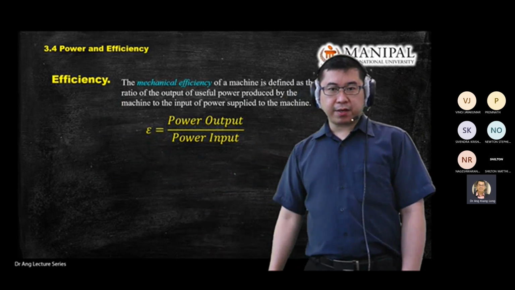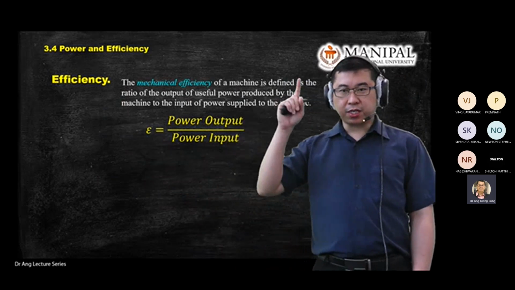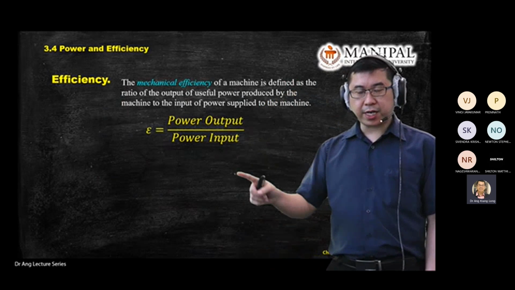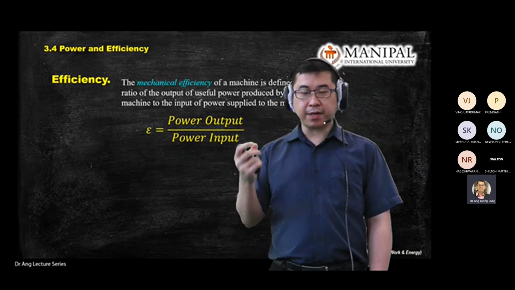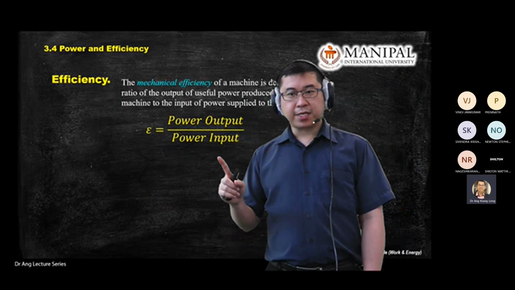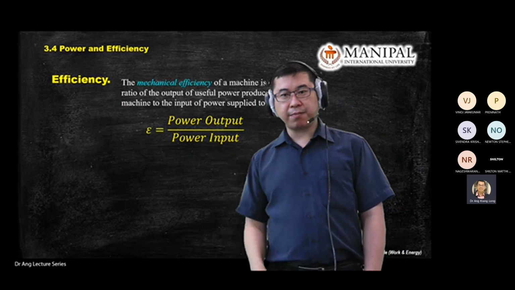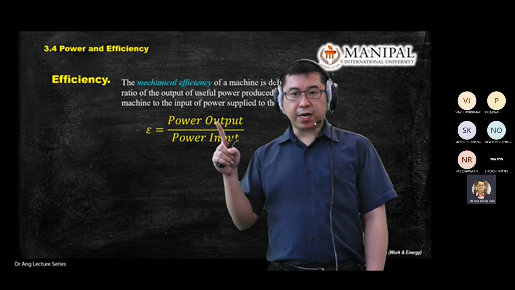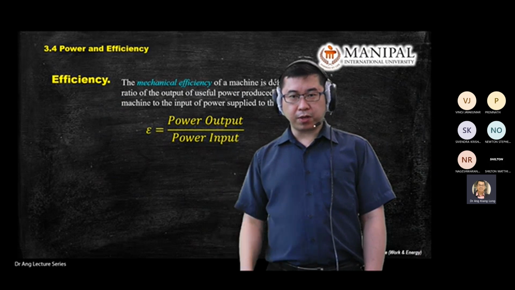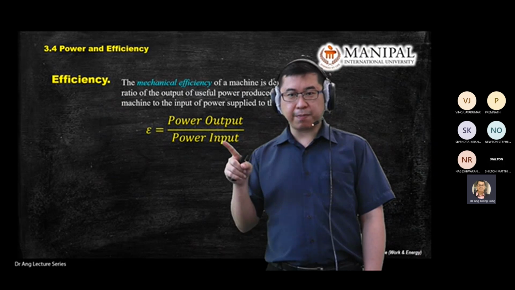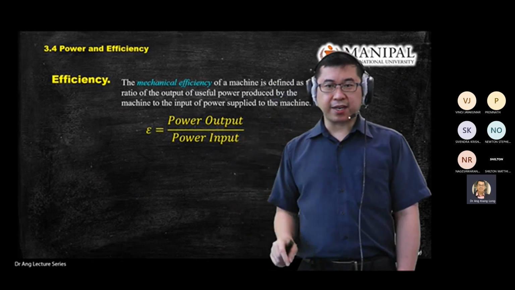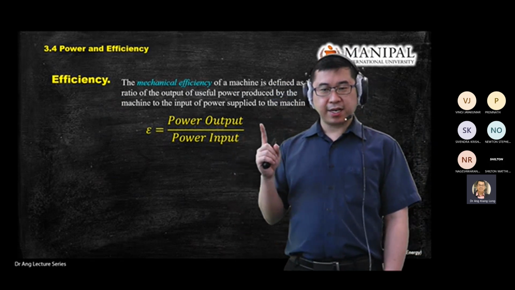Maximum efficiency is 100%, but this is a ratio. You know that with a ratio, you always get one number, a fraction. If your output equals your input, let's say you input 10, output 10, what do you get? You get 1.